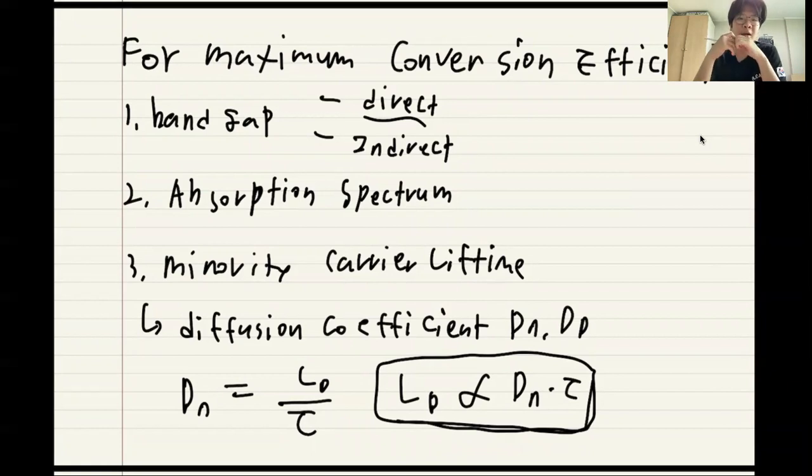So to maximize the conversion efficiency, we have to make the minority carrier lifetime longer, which is proportional to the diffusion length. In other words, if the diffusion length is long, then the carrier lifetime will also be long.